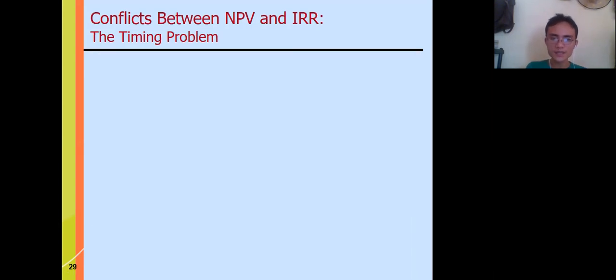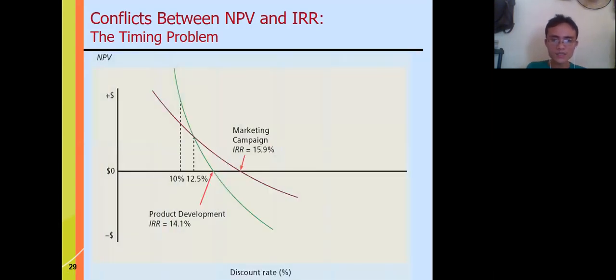Although it's not given what rates are used, probably these are the hurdle rates or the cost of capital used in the given project. We can notice that the IRR is higher than the respective cost of capital. I guess this is the green line, product development, its rate is 10%.